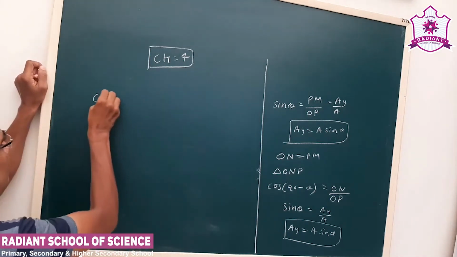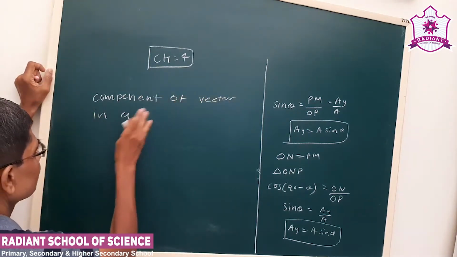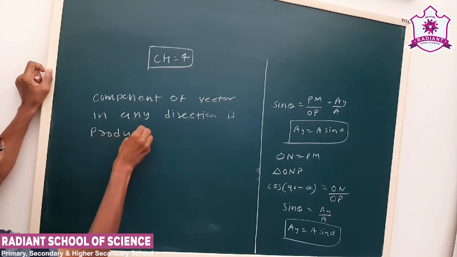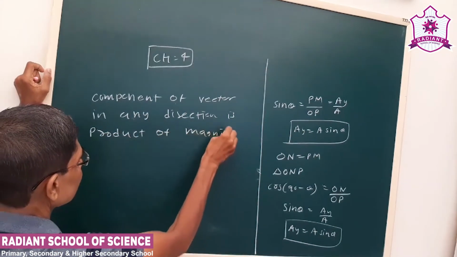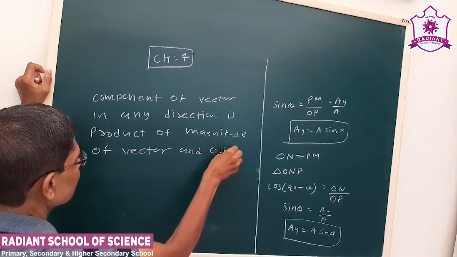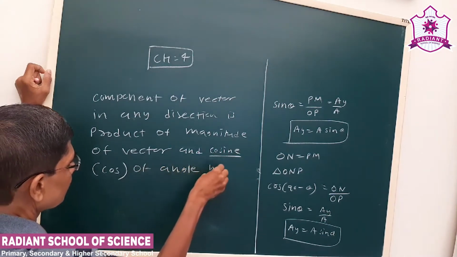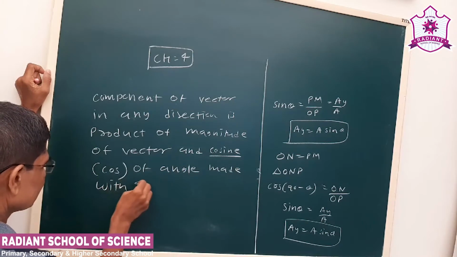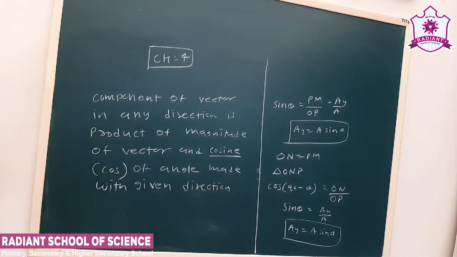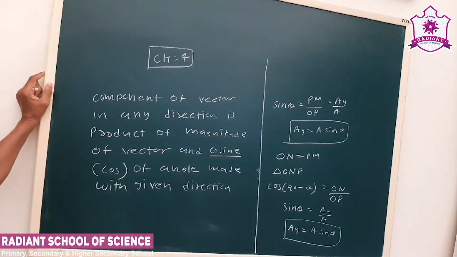See, the component of vector in any direction is the product of the magnitude of the vector and the cosine of the angle made with the given direction. The component of vector in any direction is the product of magnitude of the vector and cosine of the angle made with the given direction.